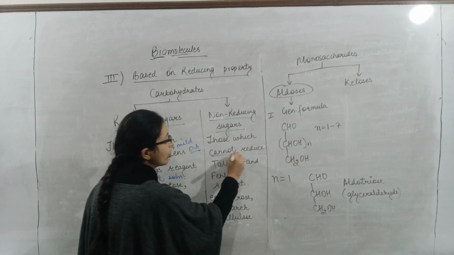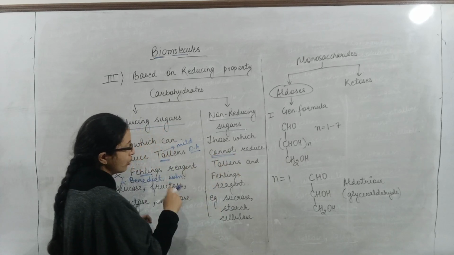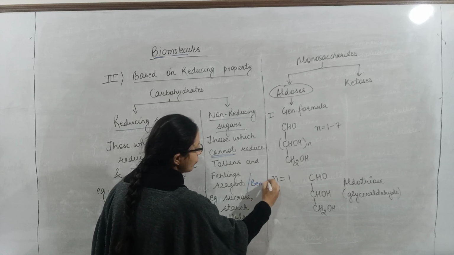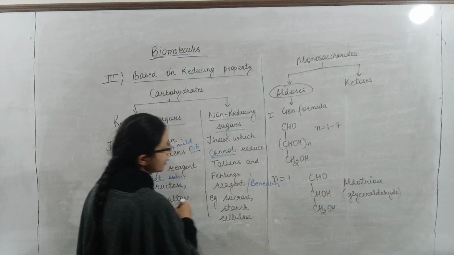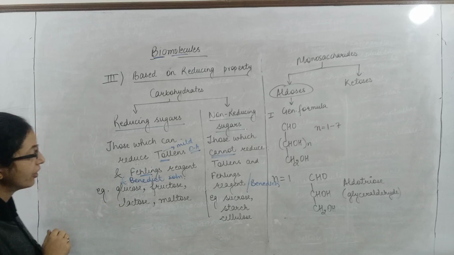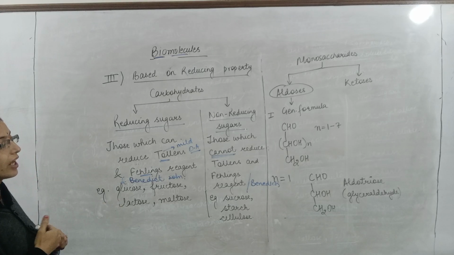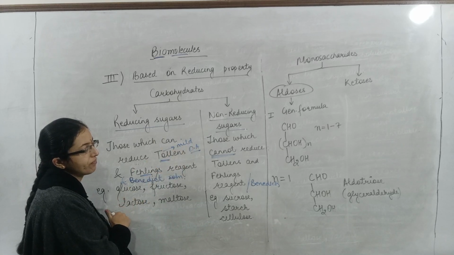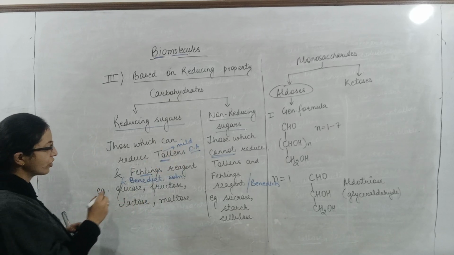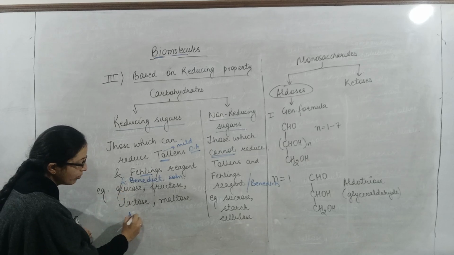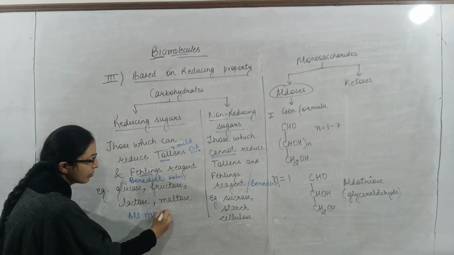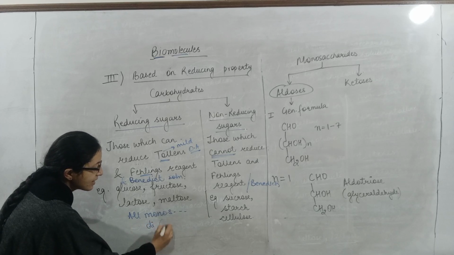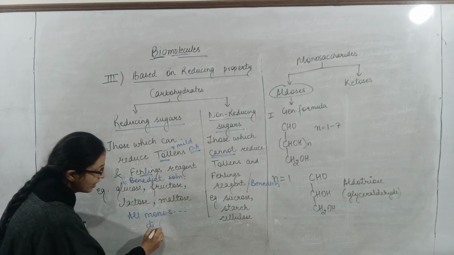And those which cannot reduce these particular solutions, Tollens, Fehlings or Benedicts. Generally हम Tollens and Fehlings लेते हैं, but Benedict भी ले सकते हैं. So those sugars which cannot reduce these reagents, they are termed as non-reducing. अब इसमें जो examples है, generally all your monosaccharides, जितने भी monosaccharides हमने पढ़े हैं, and disaccharides except sucrose.